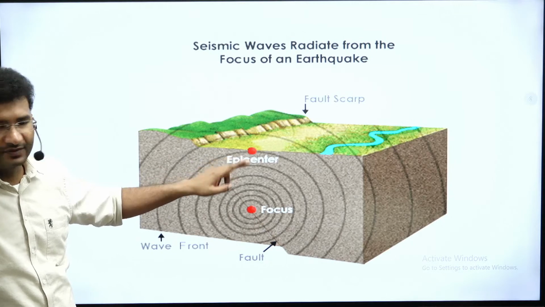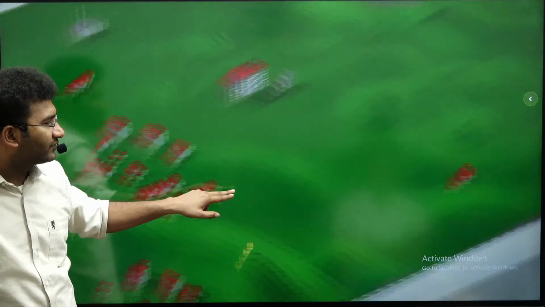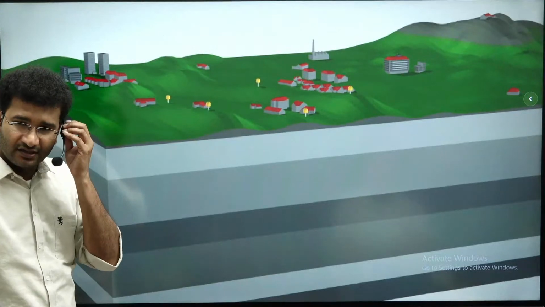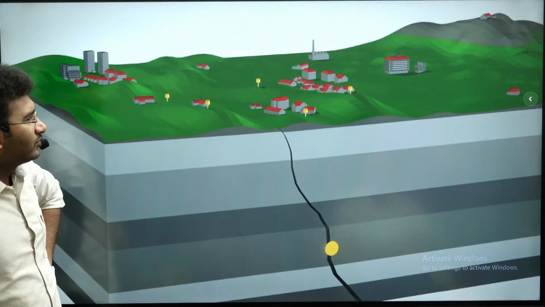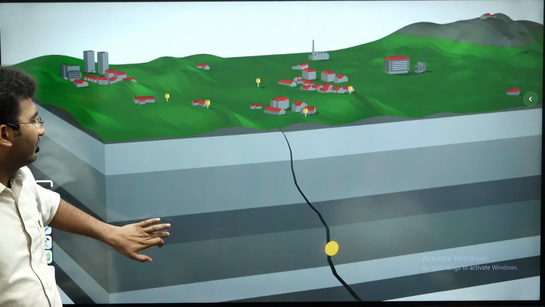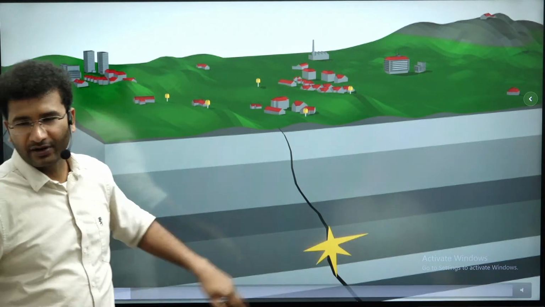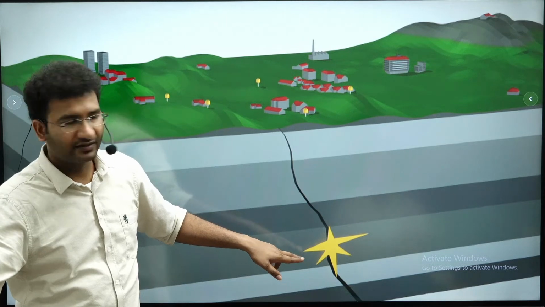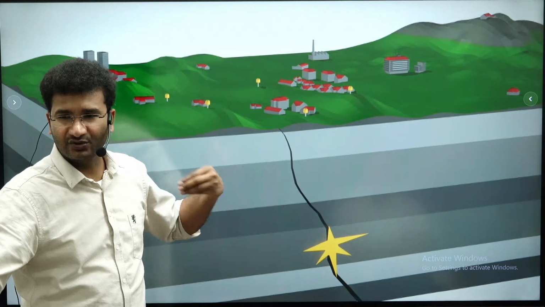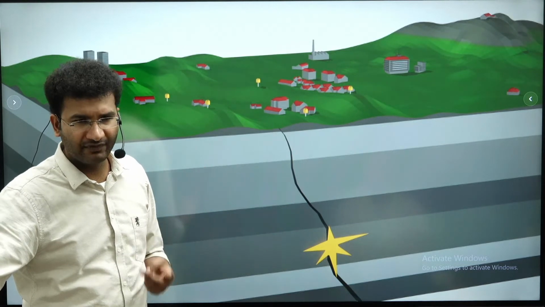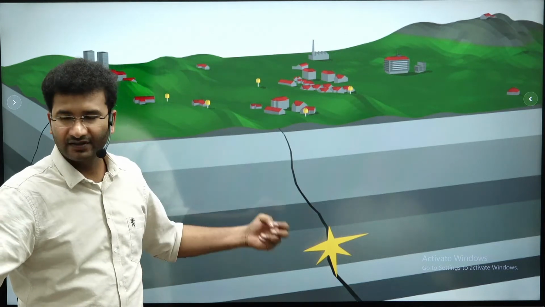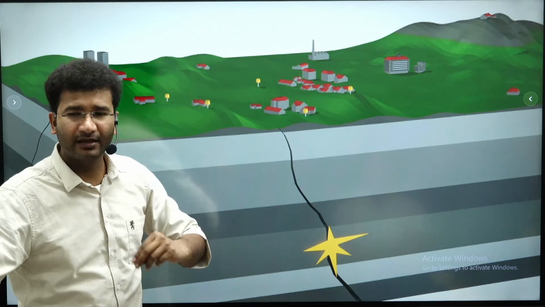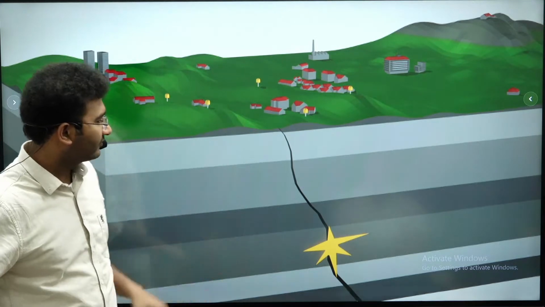Epicenter is the point at which the first earthquake waves come and reach. Now look at this diagram. This clearly tells you there are two different types of waves. Imagine this is the point at which the earthquake has generated, and then it immediately releases two different sets of waves. One is P wave, which is primary wave, which travels faster, and there is S wave, that is secondary wave, which is generated a bit later. Okay?